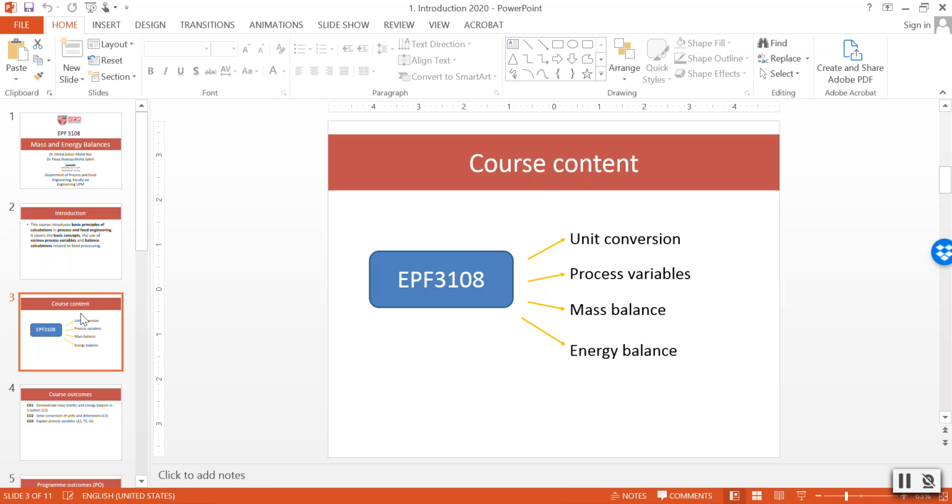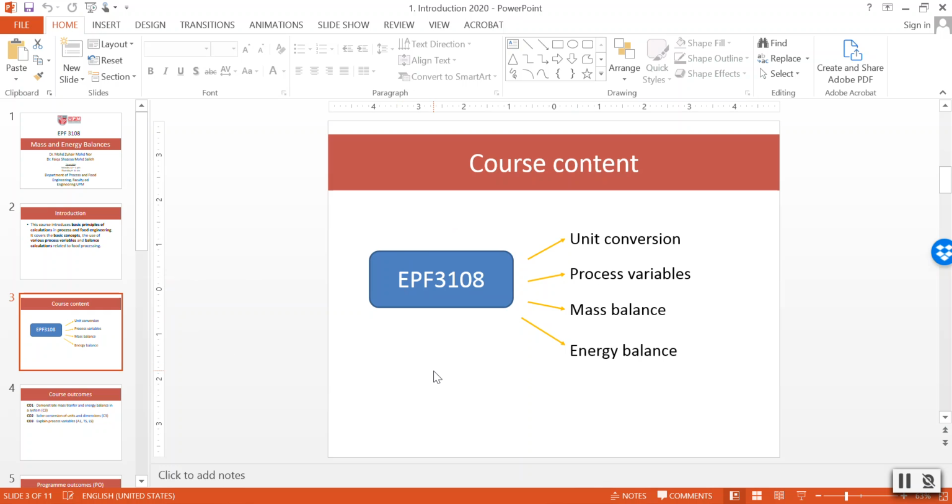The content can be divided into 4 subtopics. In the first few weeks you are going to learn about unit conversions, such as the conversion of SI units to English units, and then you will move to process variables such as temperature, pressure, concentrations and so on, before you learn the main part of the course, which is mass balance and energy balance.